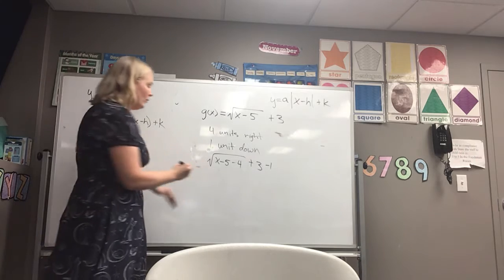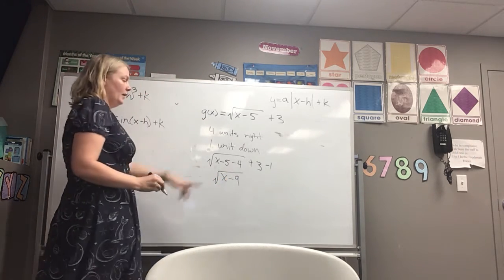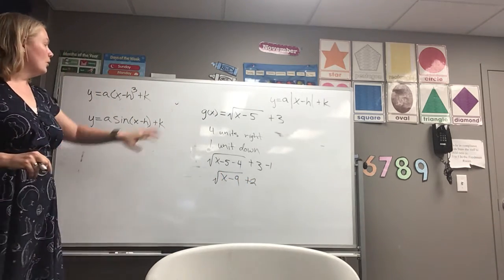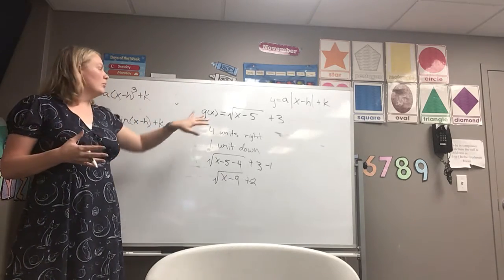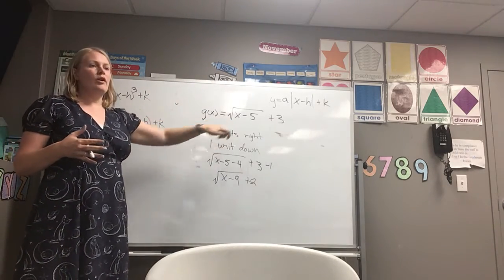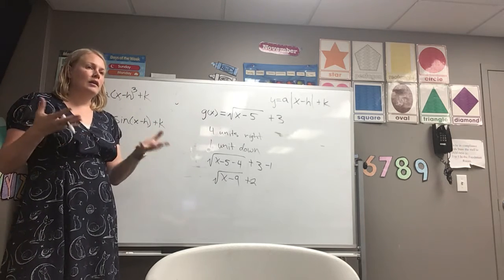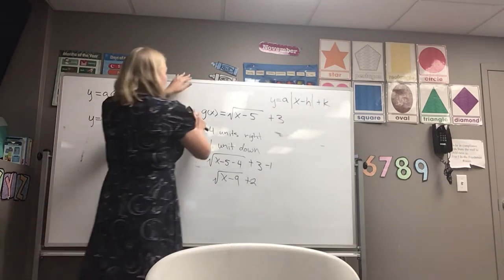And so you end up with the square root of x minus 9, and then plus 2. And so you've had a lot of practice with the formula comparing it to the parent function, but the translations can also work on something that's not the most basic function. You can still translate it the same way. So that is that.